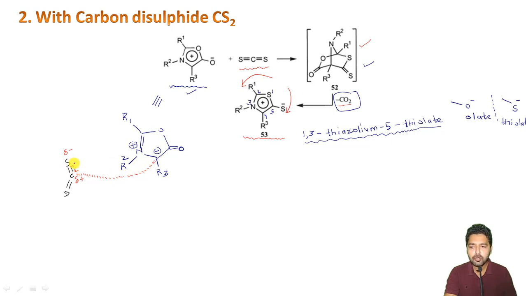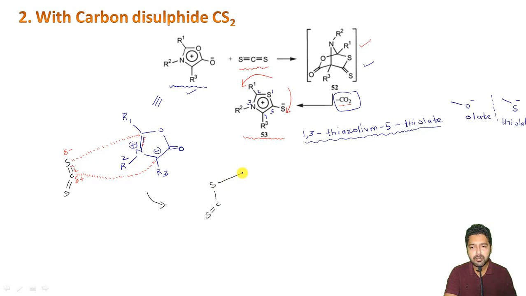This bond will begin to break, this bond will begin to form here. In the same way, this carbon nitrogen bond will begin to break, finally giving me a structure something like sulfur single bond carbon double bond sulfur here.